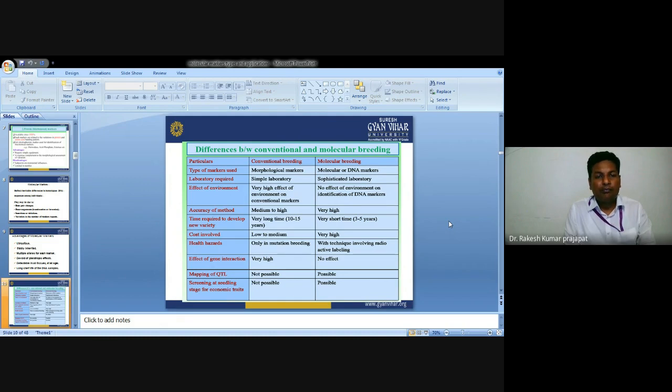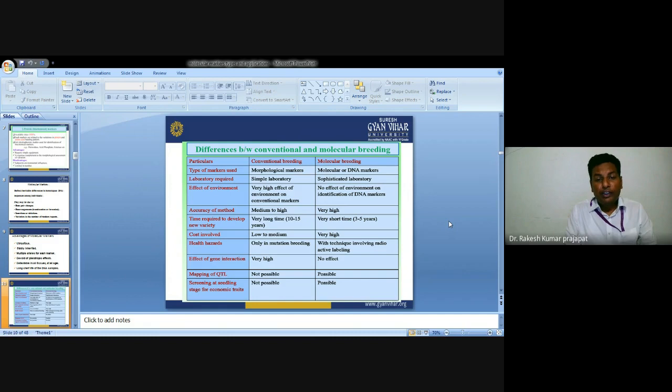For morphological markers, a simple laboratory is required, while for molecular markers we need sophisticated instruments and a sophisticated laboratory. As I told you, molecular markers are not influenced much by the environment, while morphological data definitely have a high effect of environment. There is no effect of environment on the molecular markers.